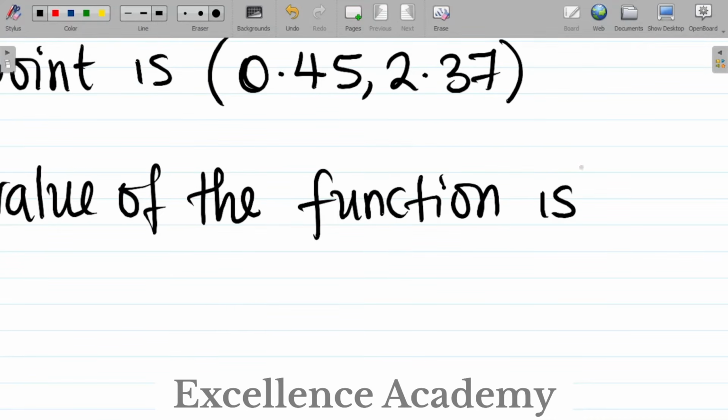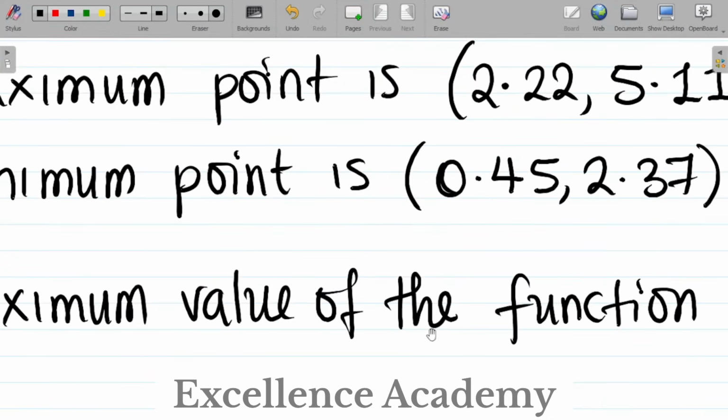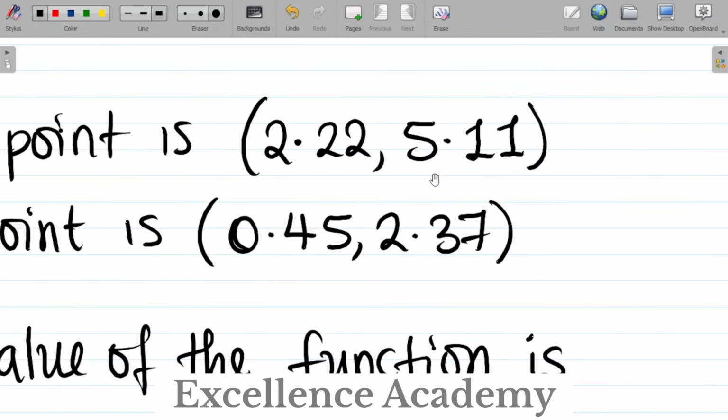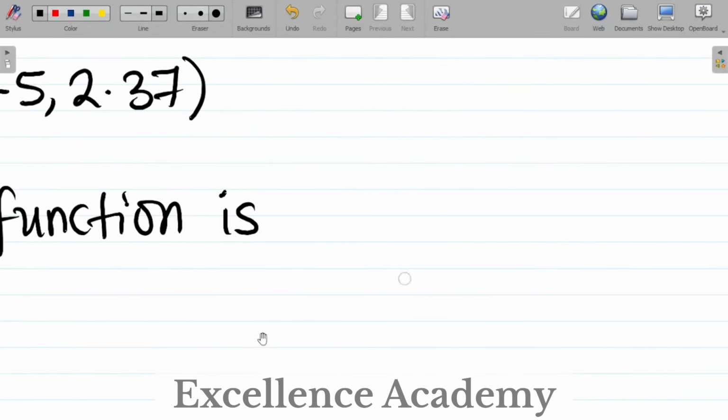The maximum value of the function is the value of y at the maxima. So at the maximum point, the value of y there is 5.11. That's your value. So go to the maxima, get the value of y, 5.11.